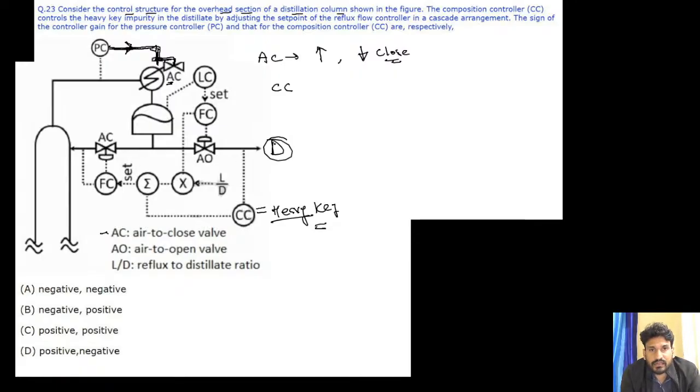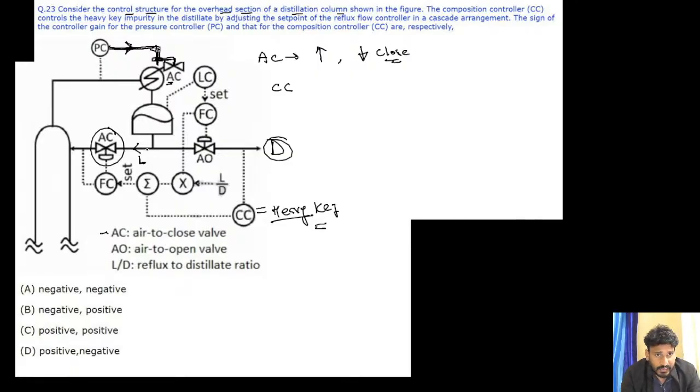This is my distillate, and this is my stream which is going into the distillation column again, that is called L. This is going L. So what amount of L is going through this valve, the flow of this control valve, is decided by this FC.